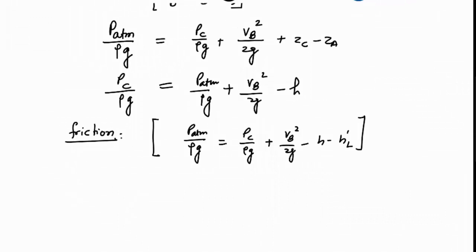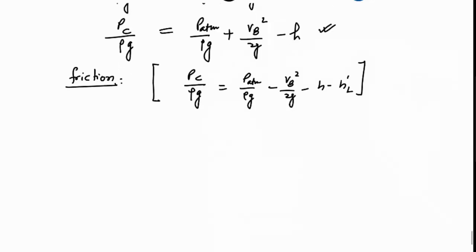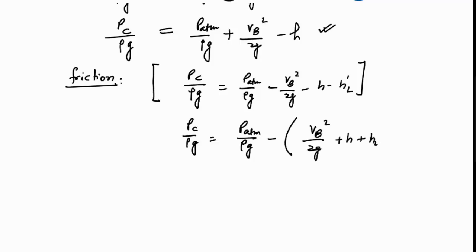So PC by rho g is equal to P atmospheric pressure divided by rho g minus VB square by 2g minus h minus HL dash. So I can say PC by rho g is equal to P atmospheric pressure by rho g minus VB square by 2g plus h plus HL dash.